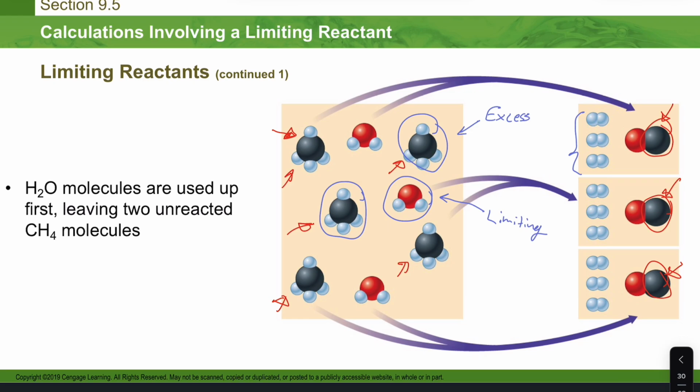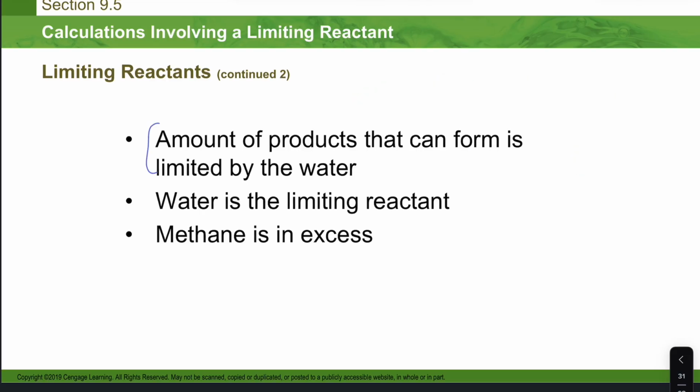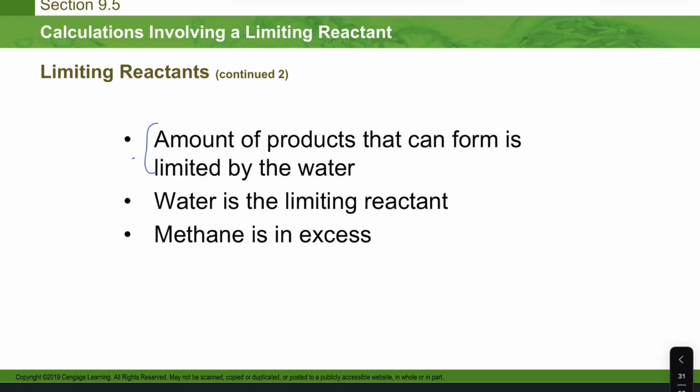We know that we've used up our limiting reagent when the reaction has to stop because there is no more of the limiting reagent left over. And so, the amount of products that can form is limited by the water, which makes it the limiting reactant, leaving methane in excess.